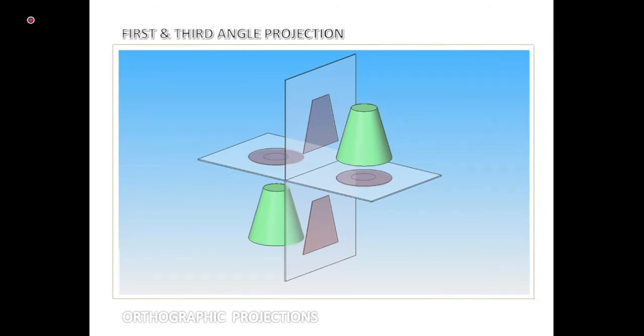In the first quadrant, you are drawing the projection after the object. Whereas looking from the top, when the object is placed in the third quadrant, you are drawing the bottom view before the object itself. This is the difference between first angle and third angle projection.